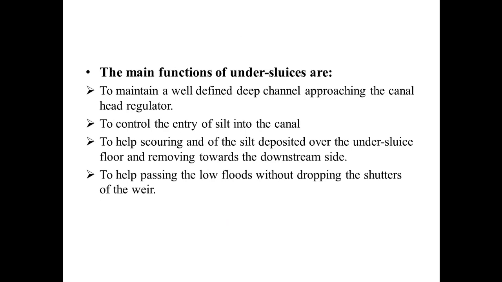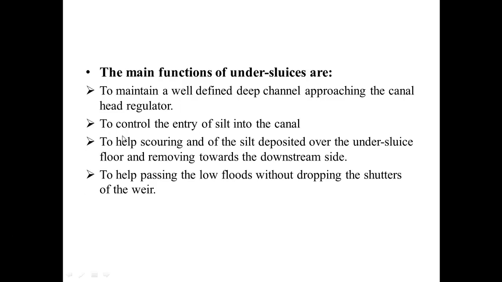The main functions of under sluices are: number 1, to maintain a well-defined deep channel approaching the canal head regulator. That is, to maintain a well-defined, meaning clear, deep channel towards the canal head regulator.